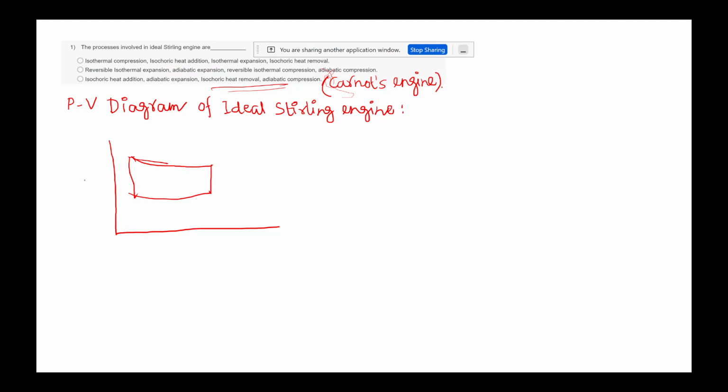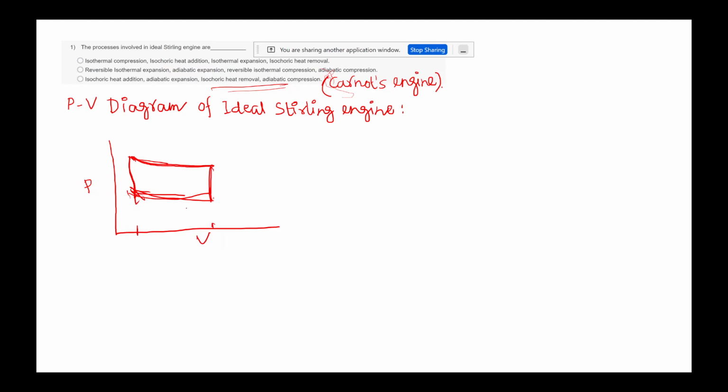This is P, this is V. If there is isothermal compression, these are the isotherms. They can be more steep, but these are straight lines. This is isochoric because V is fixed.